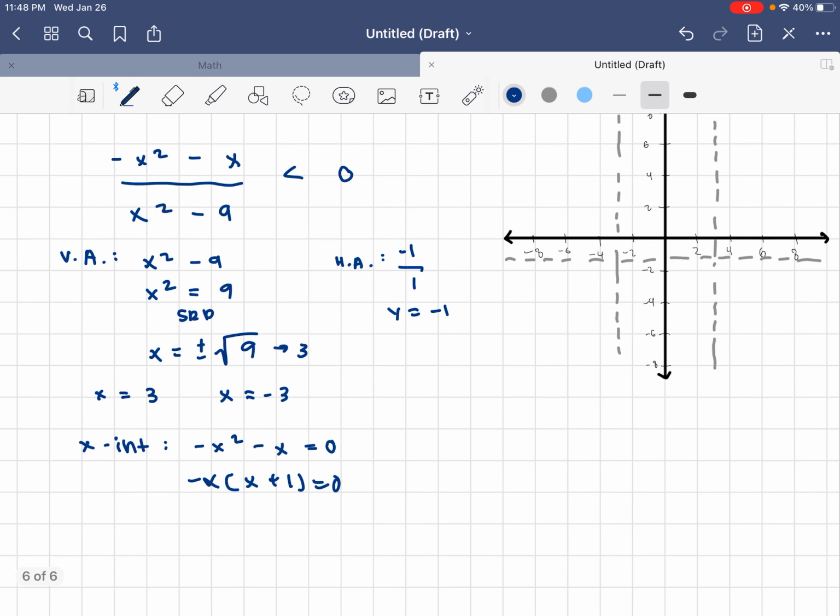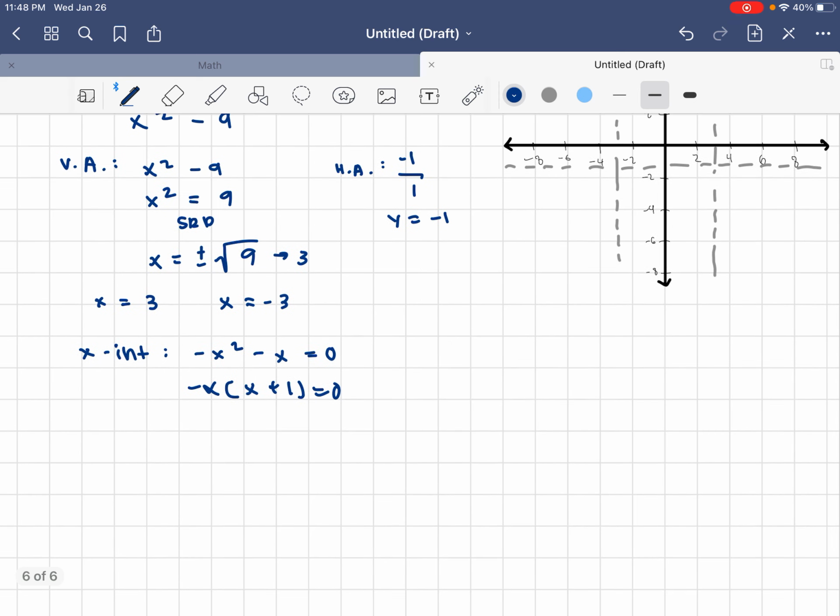We're going to set it to 0. Okay, so here, when we have two products that equal 0, we know that at least one of them has to be 0. So one of our x's is going to be 0, because 0 times anything is going to be 0. So one of them, x equals 0.